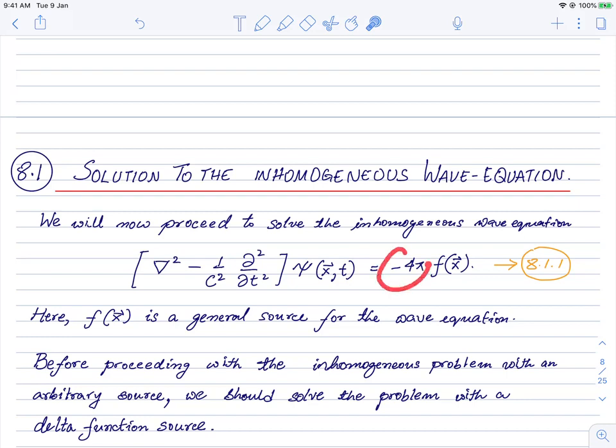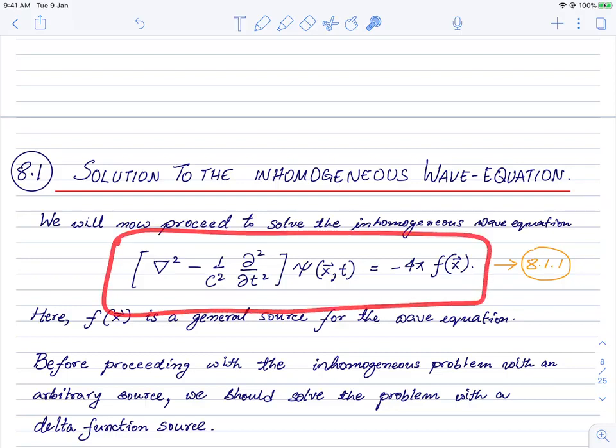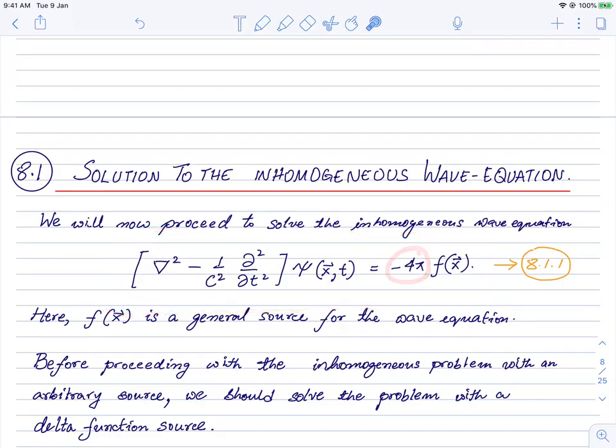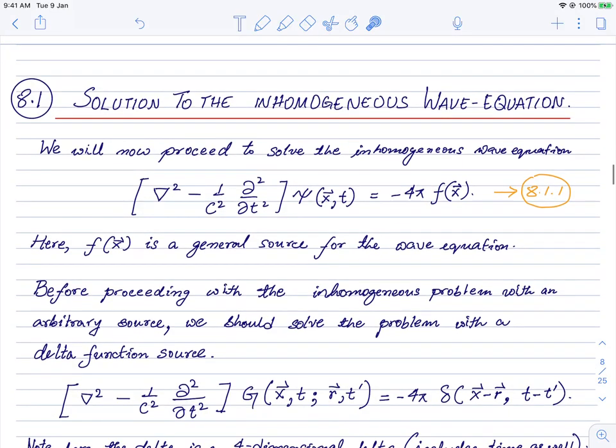Again, this choice of minus 4 pi is a convention that I am making, and we have to account for that when we write down the solution for the scalar and vector potentials. But this is the equation that we want to solve. I have put in this factor so that it doesn't become an annoying factor that you need to carry around. So now we have to solve this equation. That is our purpose.